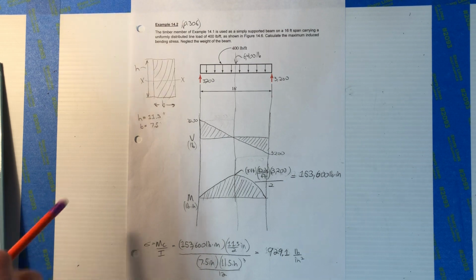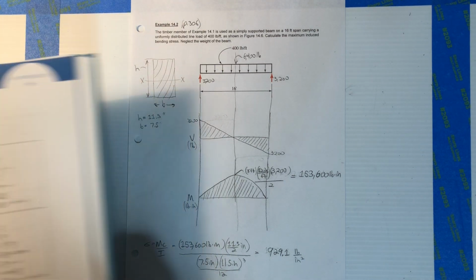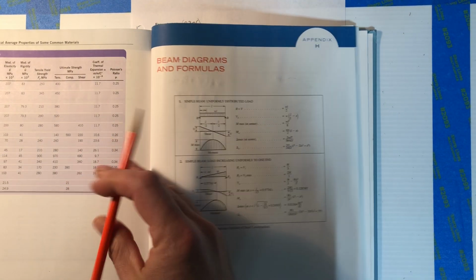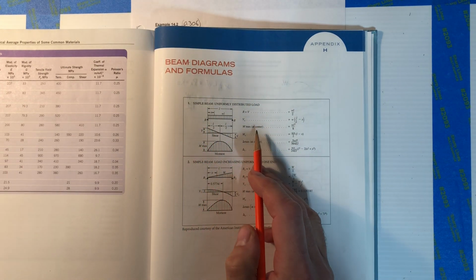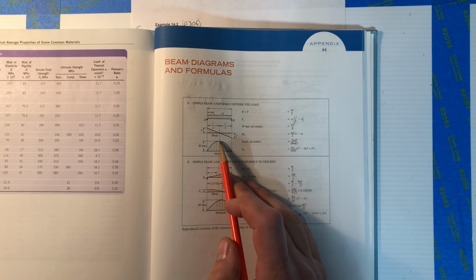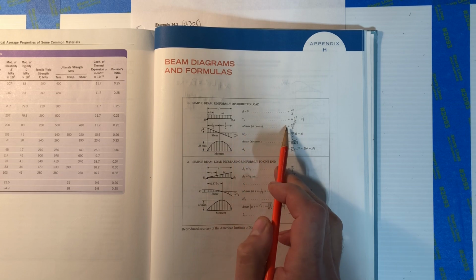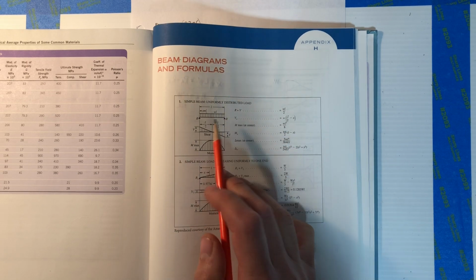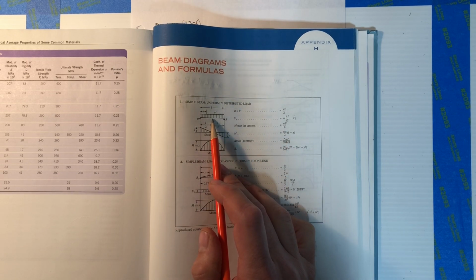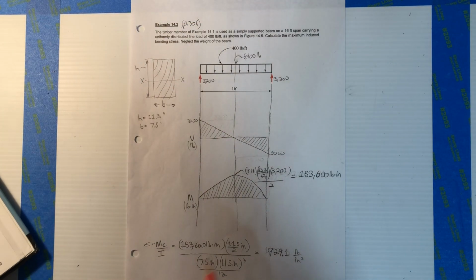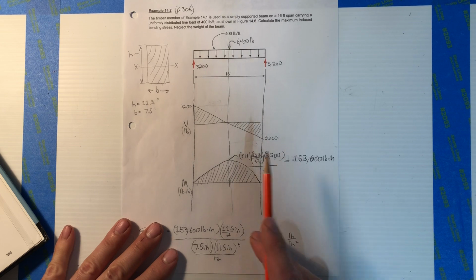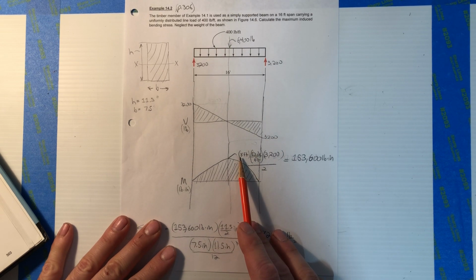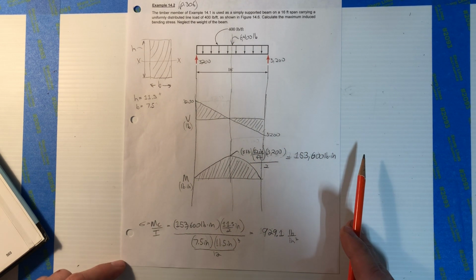And in Appendix H, this is simply going to be case 1, right? And here, we want to know the bending stress, so we'll have to know the bending moment, the max, right there. And that's going to be WL squared over 8, where in this case, L is 16, right? And W is the 400 pounds per foot. And that's basically what this calculation is right here, right? It'll come out the same way.